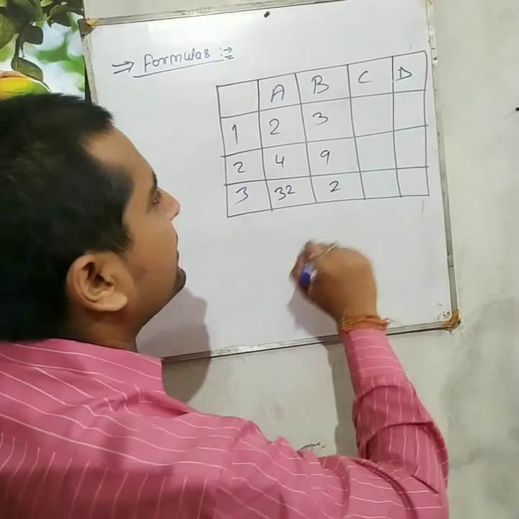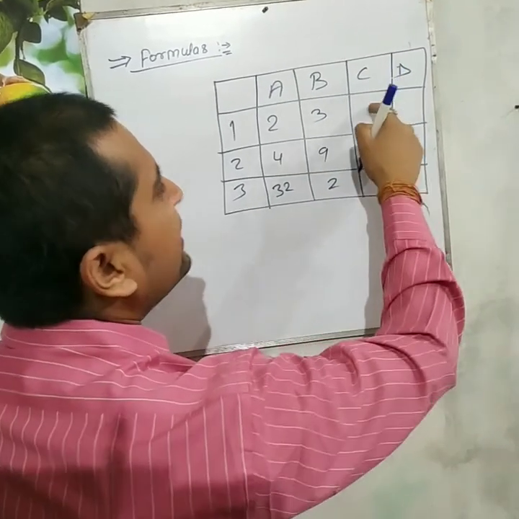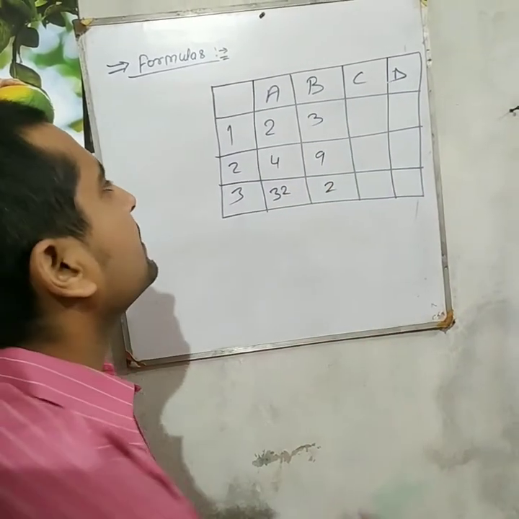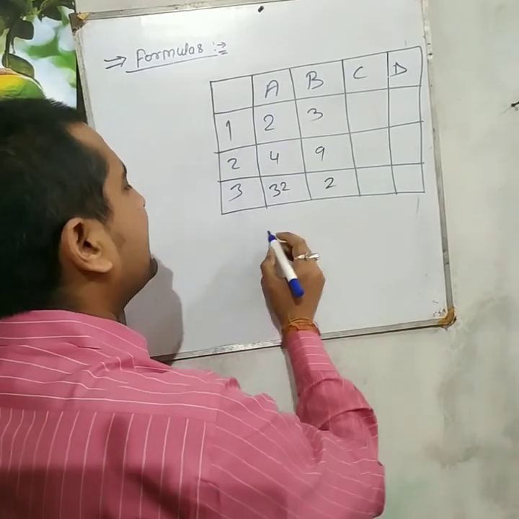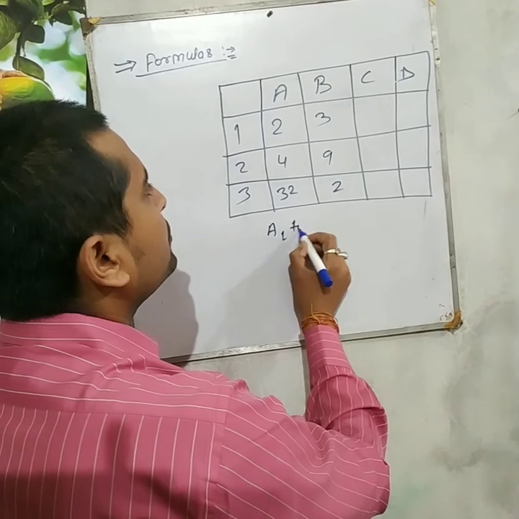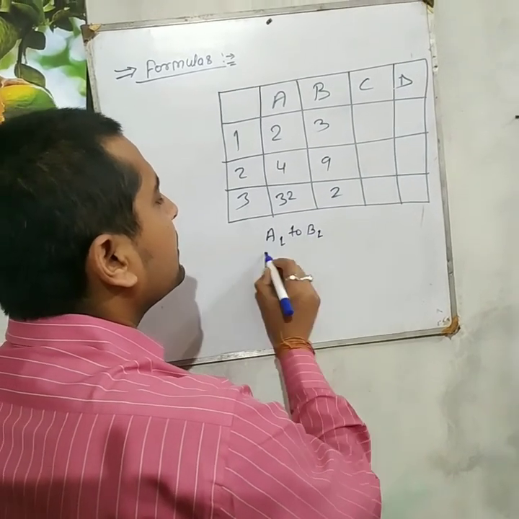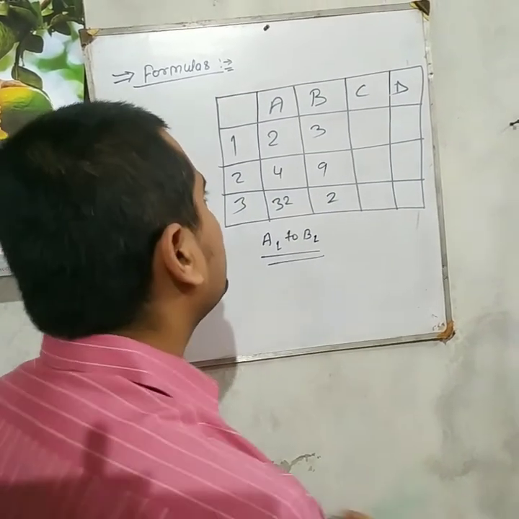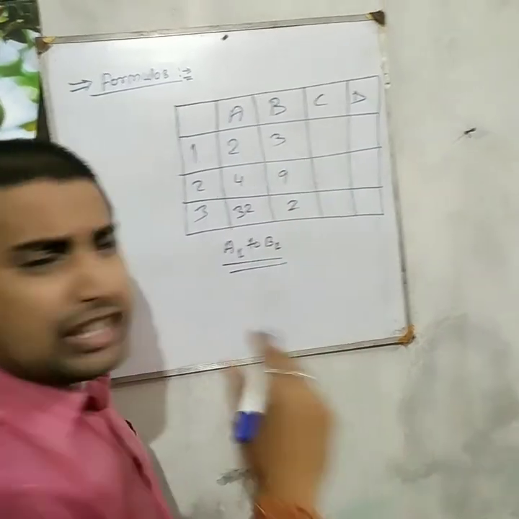I want to add two numbers in cell C1, that is A1 and B1, the numbers 2 and 3. How can you do this?